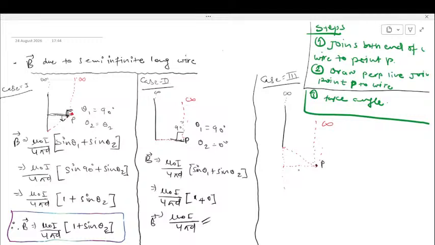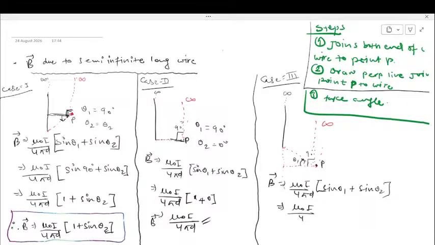Third case: this angle we take as theta 1, and this will be 90 degrees. Write the general formula mu naught I upon 4 pi d (sin theta 1 plus sin theta 2).